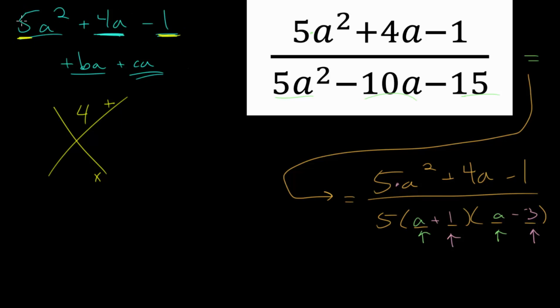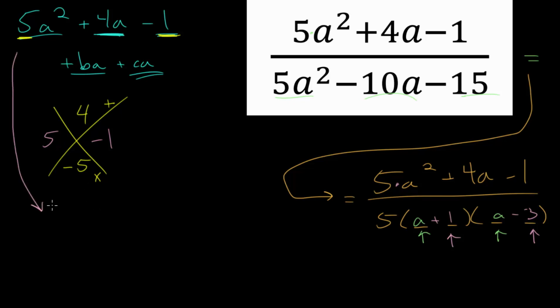So in other words, they have to multiply to 5 times -1, which is -5. So with this information, we're looking for two numbers that add to 4 and multiply to -5. And for that, we can do the number 5 and -1. They add to 4, and when multiplied together, they give us -5.